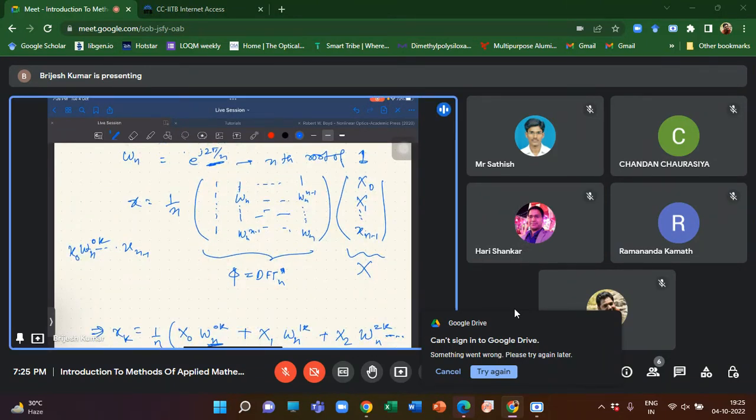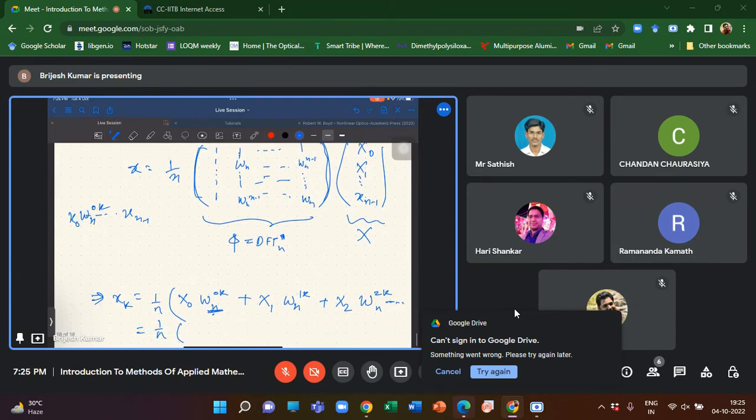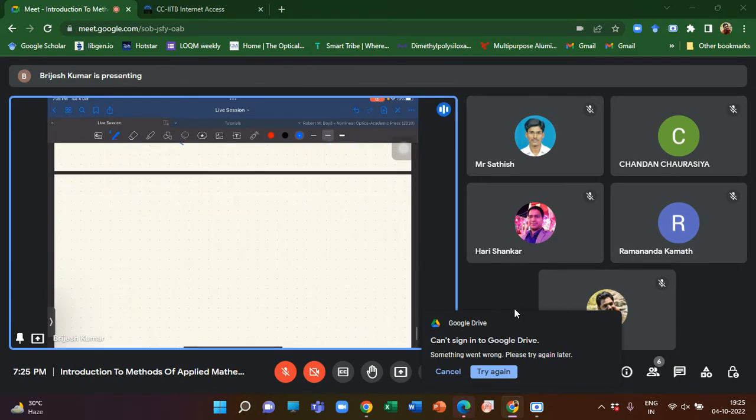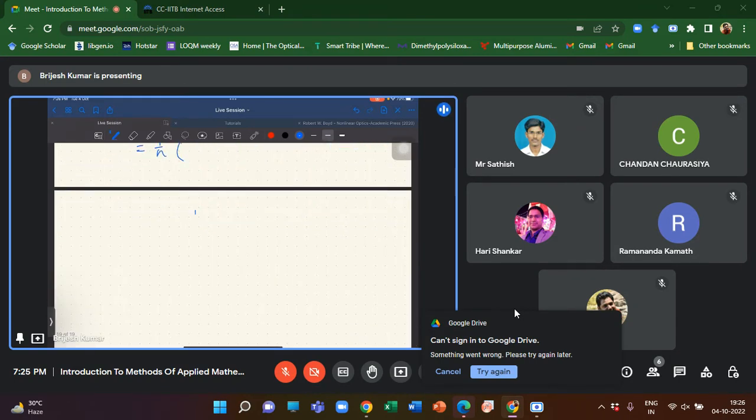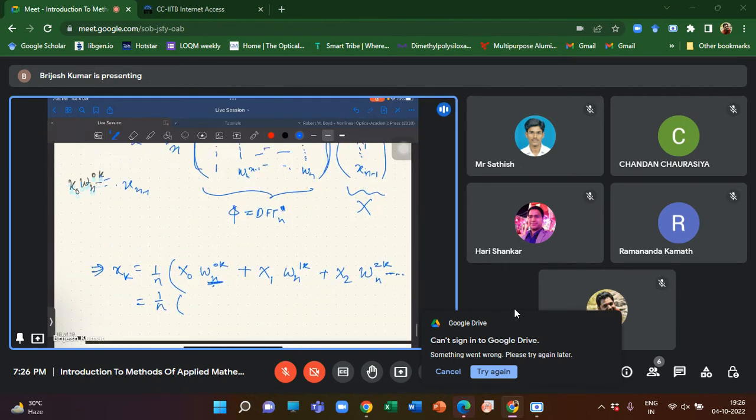But in this case, this DFT matrix, which is this one, is not normalized. So we have to normalize this. In the normalization process, we take the DFT of dimension n and multiply it again with DFT n, and it will come to the identity I. Then we can say this is normalized.